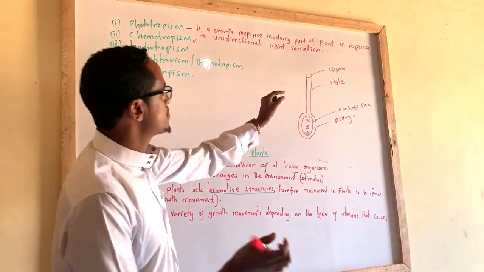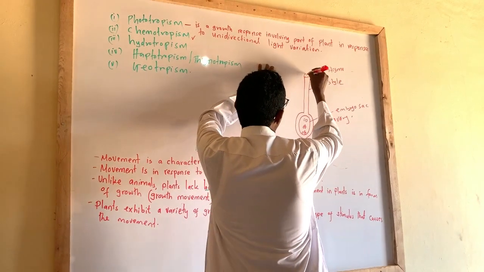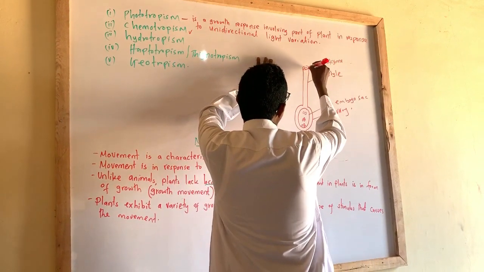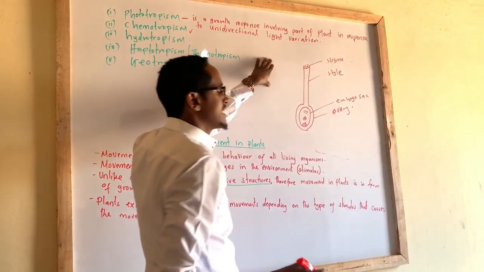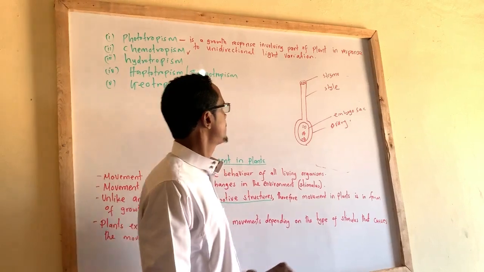The male gametes in this particular case are pollen grains that are deposited on the stigma during pollination, and then the female gamete is the female egg that is found here in the embryo sac.